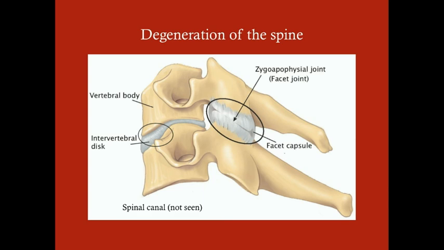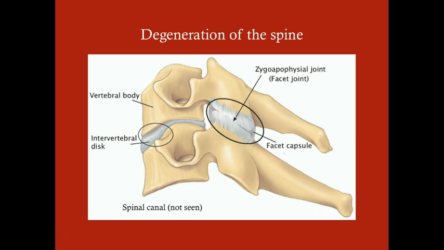So there are these two major joints that I referred to earlier that I want to really point out again here. This is a lateral view of the spine. This is going to be your transverse process coming at you, and then your spinous process back here. But here's your facet joint, which is also called the zygapophyseal joint. We'll just call it the facet joint.